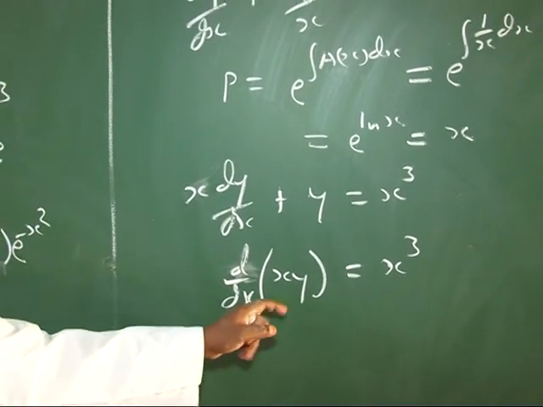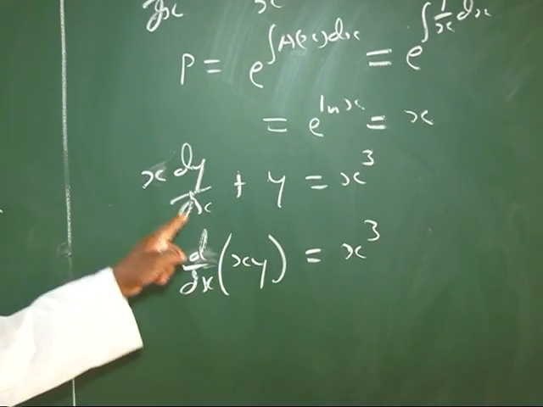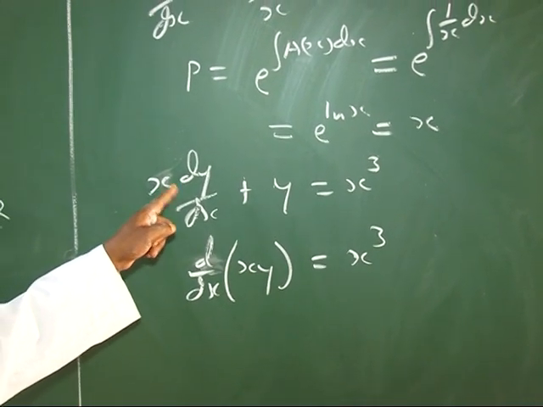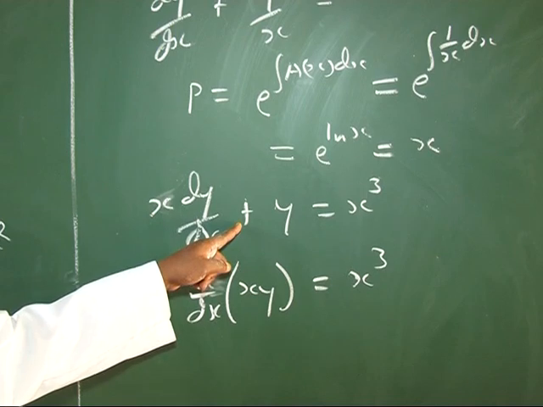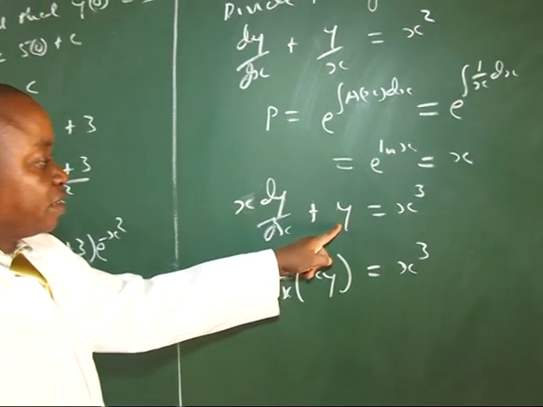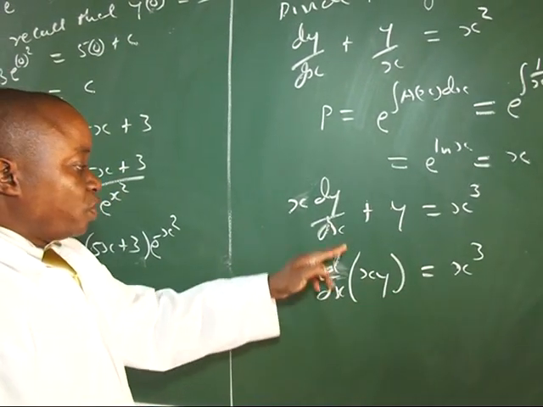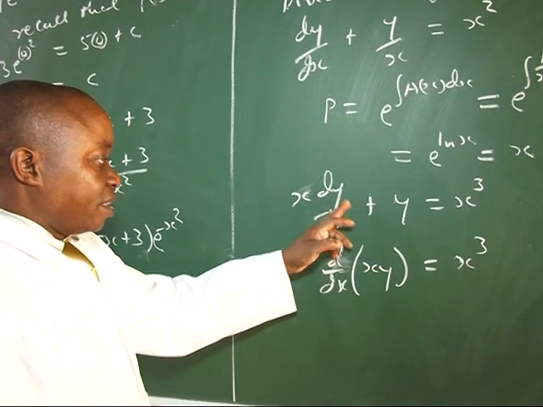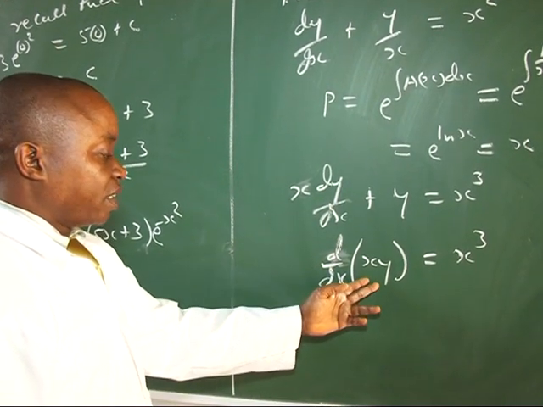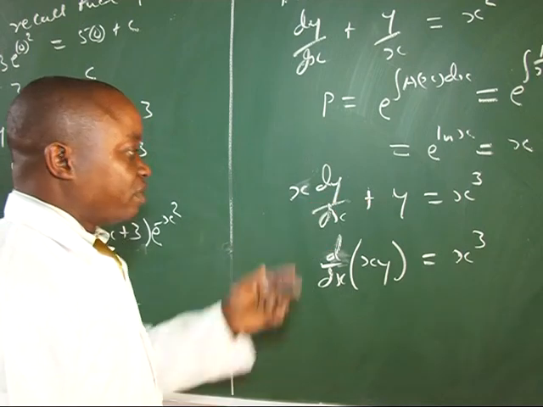If you differentiate this, xy, that is, you keep x and differentiate y, plus you keep y and differentiate x. So this here is the derivative of this function. That is, you differentiate this, you have this.